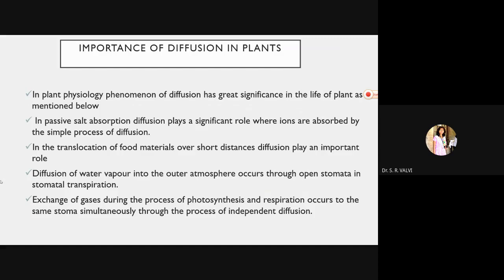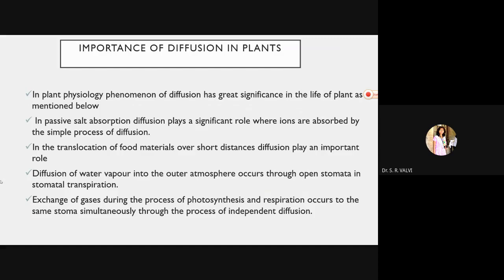This takes place with the help of an independent diffusion process, which is going on simultaneously in photosynthesis as well as in respiration. So likewise, diffusion helps all over the plant body in various locations.